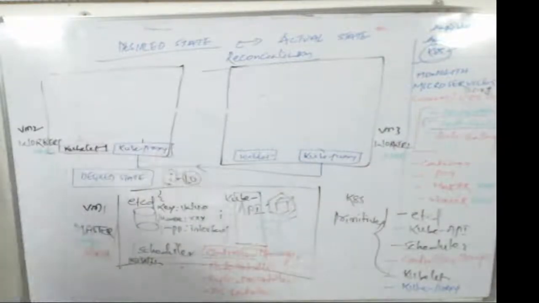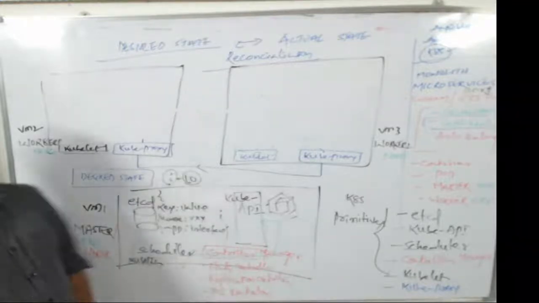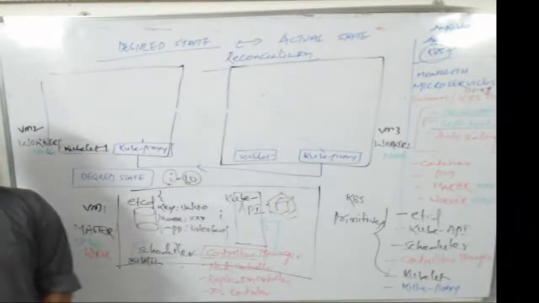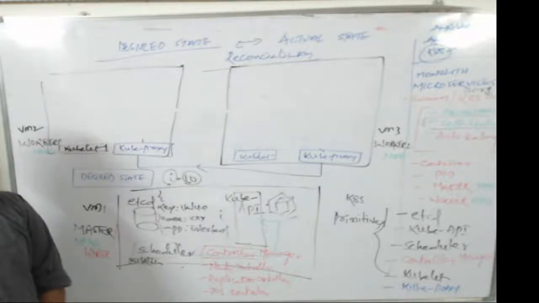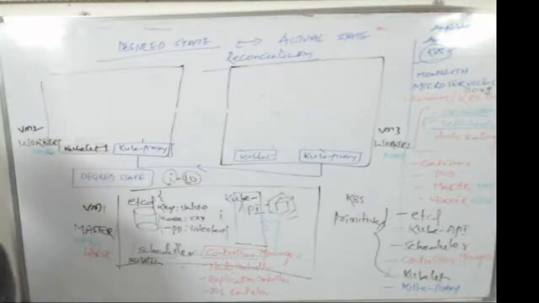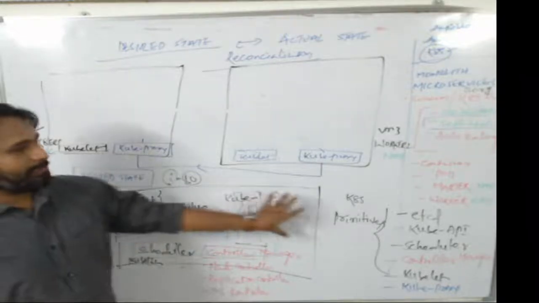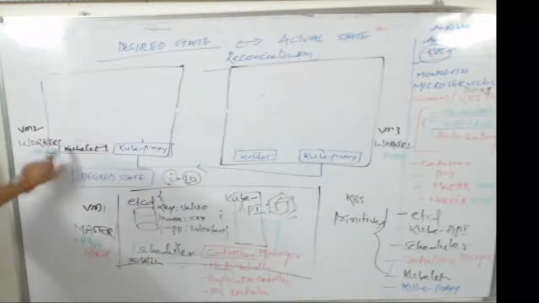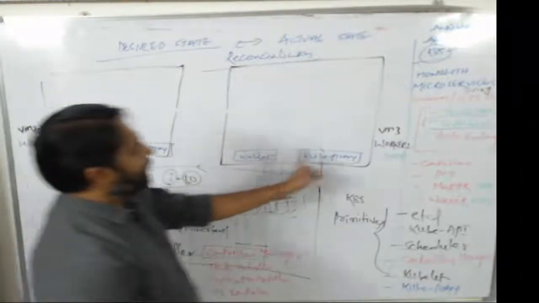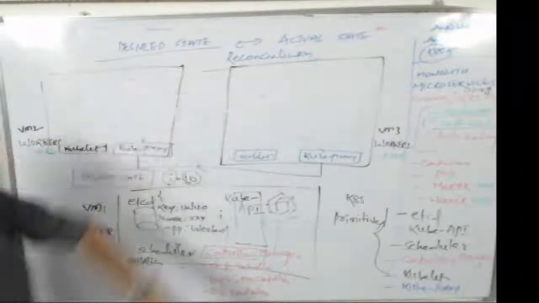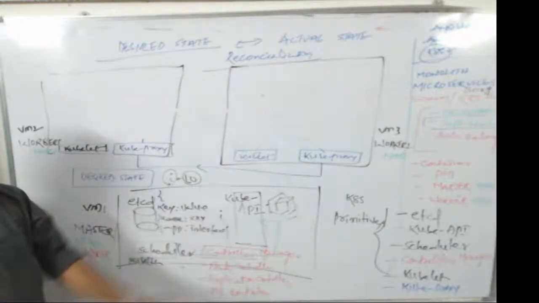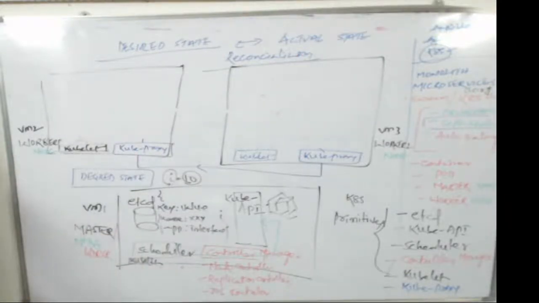If you cannot, just have a look at it. Put everything in the master. The master does not change. Also, the workers will have kubelet and kube proxy. The rest of the things, keep them empty. Fill the master with etcd, kube API, scheduler, and controller managers with all its controllers.